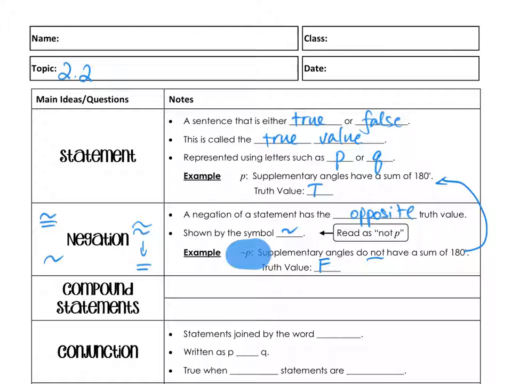Now, we can join two statements together. So when we say two or more statements joined by the words and, A-N-D, and or, I capitalize these two words, those are called compound statements.